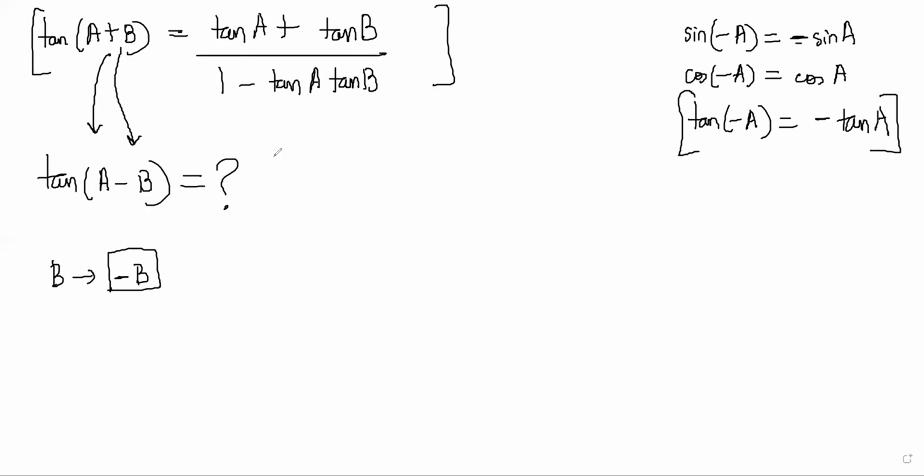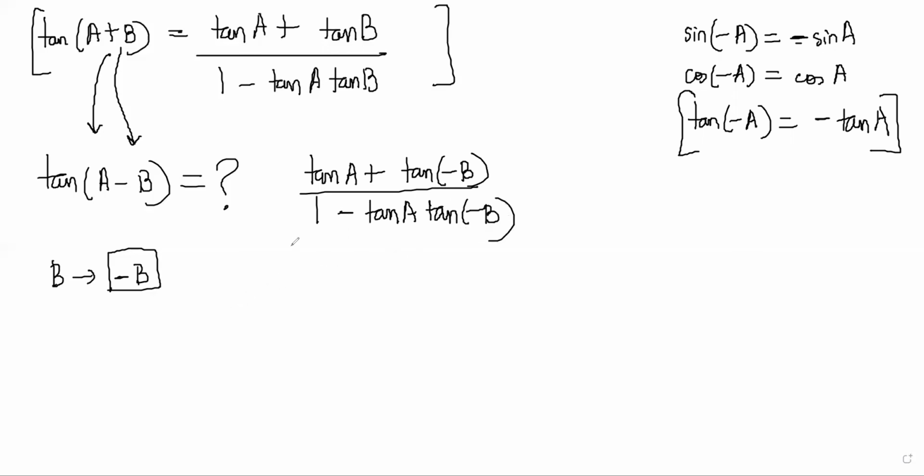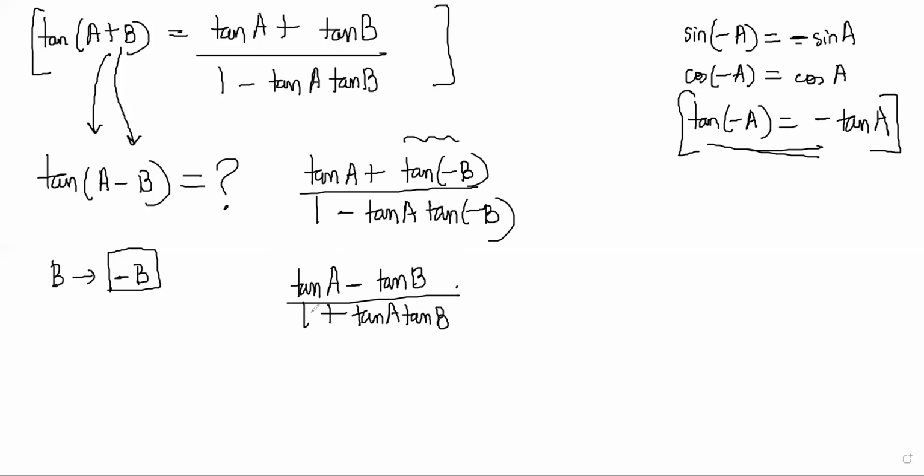So if I replace B with minus B in the formula, it should become tan A plus tan of minus B by 1 minus tan A tan of minus B. So now knowing this, we know that this will be tan A minus tan B by 1 plus tan A tan B. So that is my formula for this one.